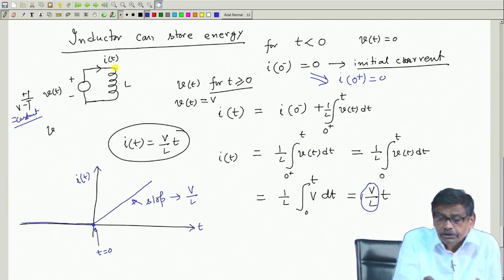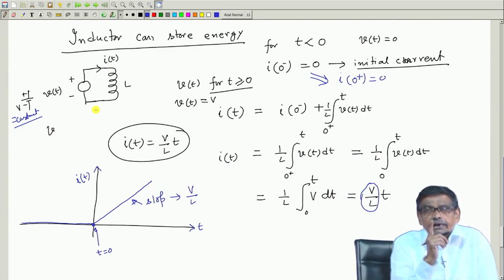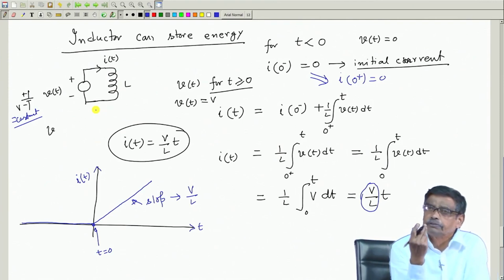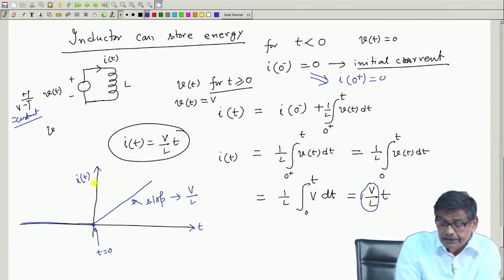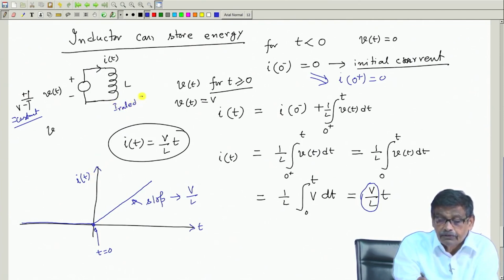Each wire with which you have made the inductor has got a current carrying capacity. Suppose 5 ampere is the current carrying capacity of this inductor. Therefore, suppose the rated current of this coil is equal to 5 ampere.